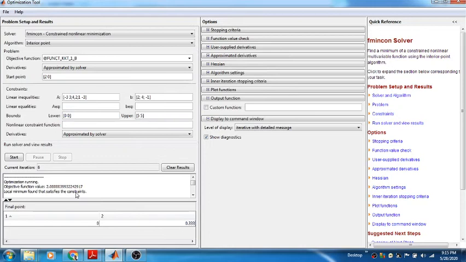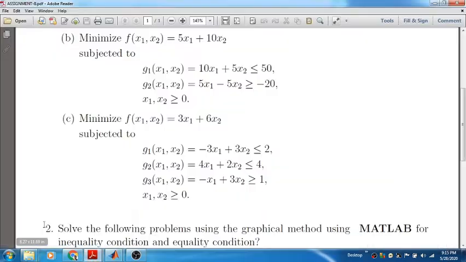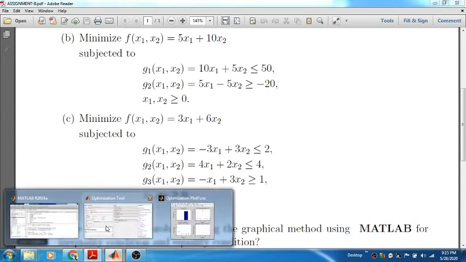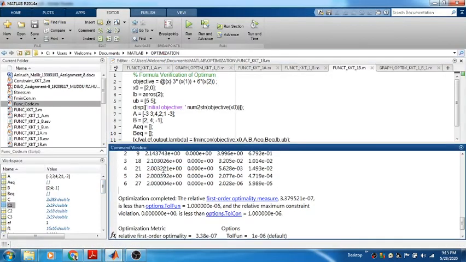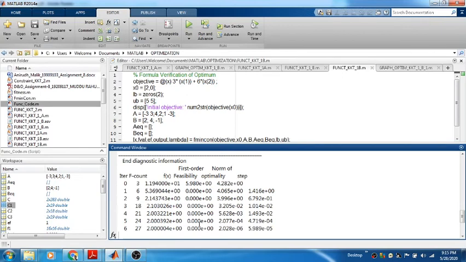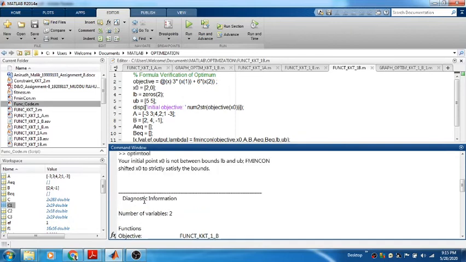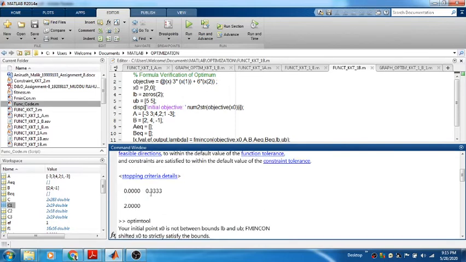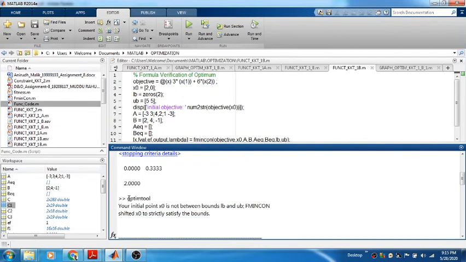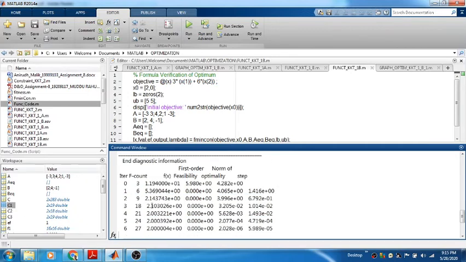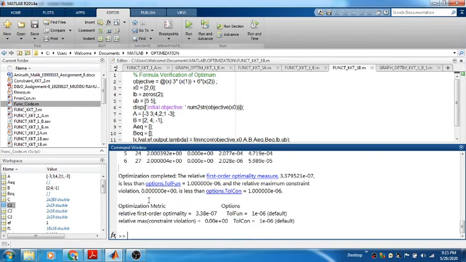That is the most important part here. Now you can see the overall result: after 6 iterations you get the answer. So you can think about it: earlier we had these things, and when I use this optimization tool, I get the same answer, right?